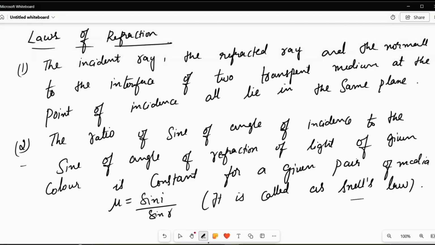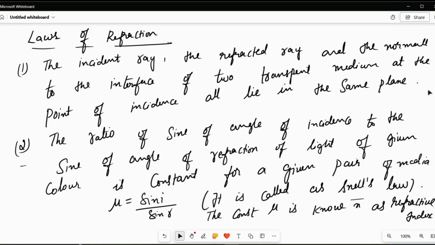The constant mu is known as the refractive index. So, laws of refraction: the incident ray, the refracted ray, and the normal, at the point of incidence, they all are in the same plane.